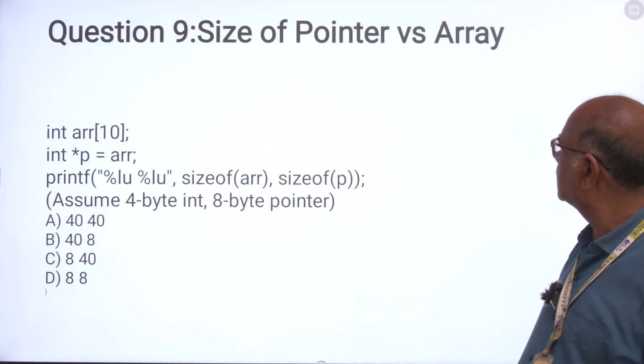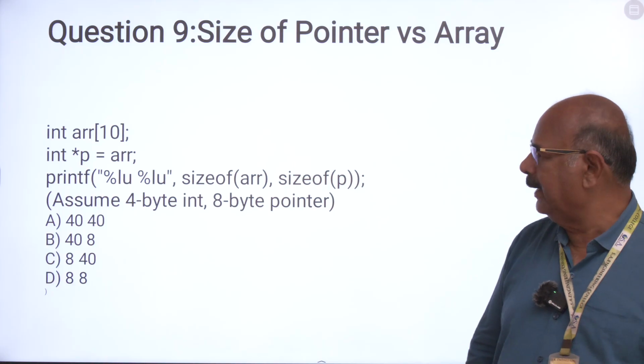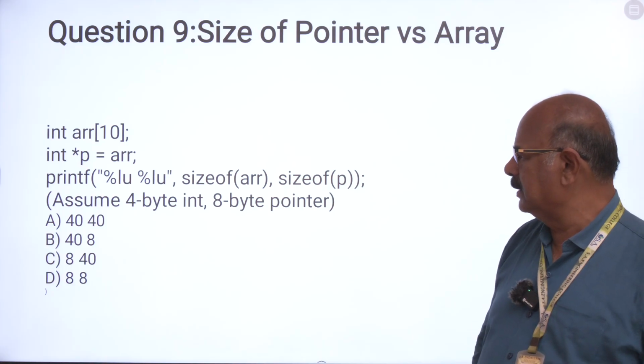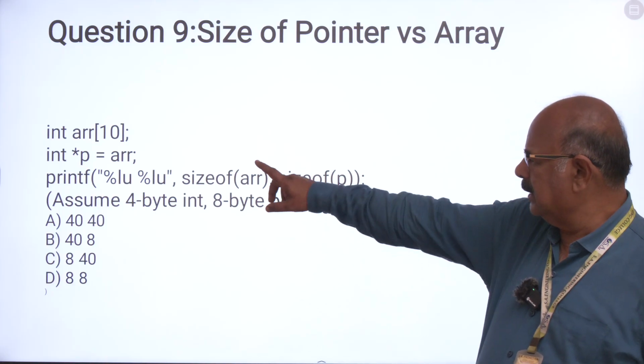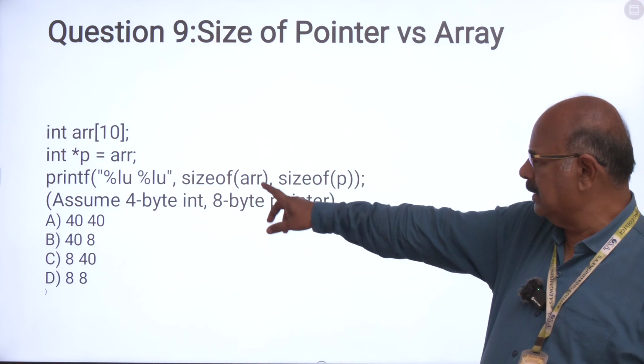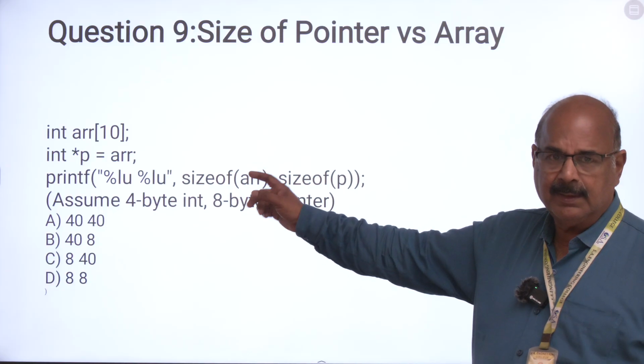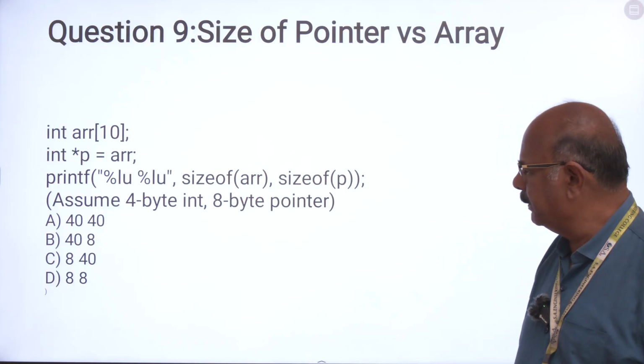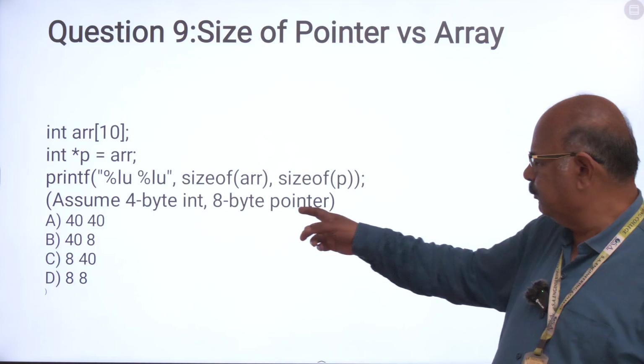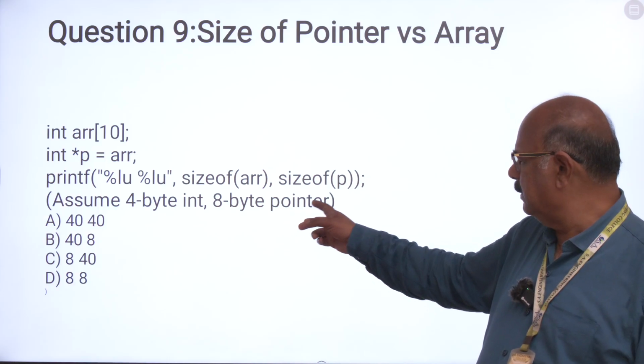Next, question number 9, size of pointer versus array. What is the size of the pointer versus the array? The integer array is of size 10, and the pointer is directing to the array. What is the printed value we are getting? Assume a 4-byte integer and an 8-byte pointer.